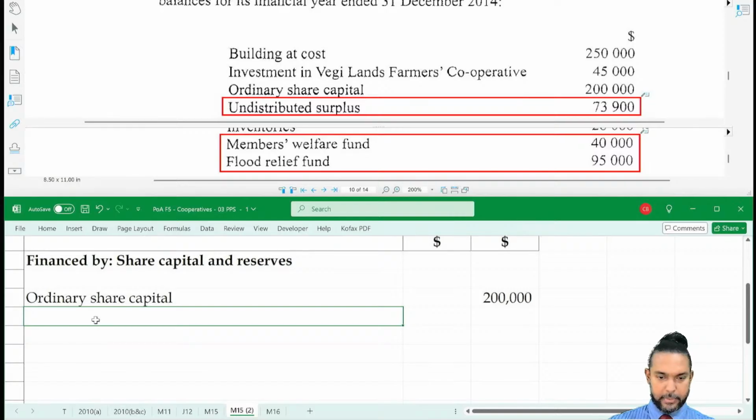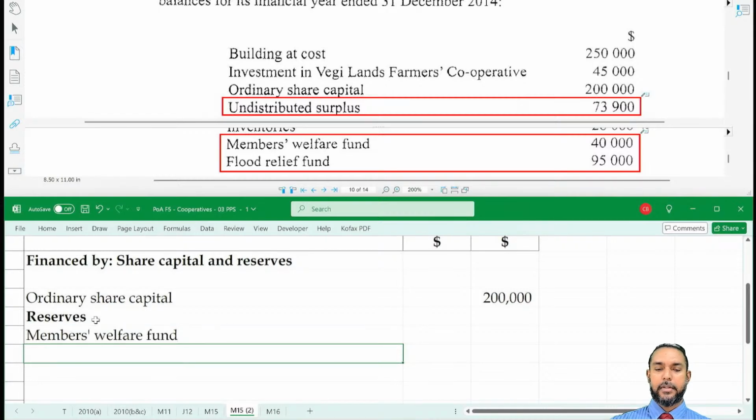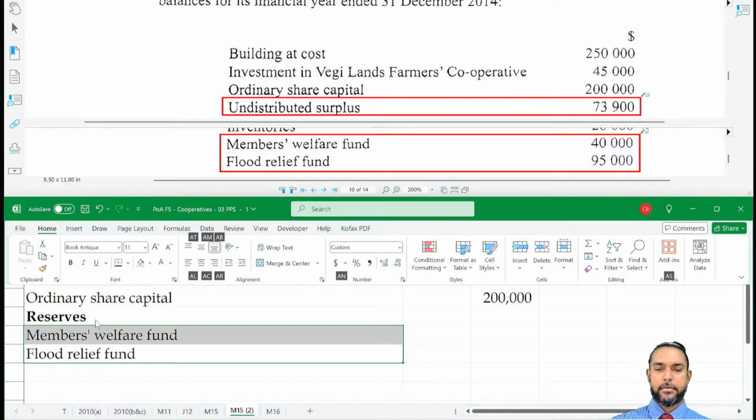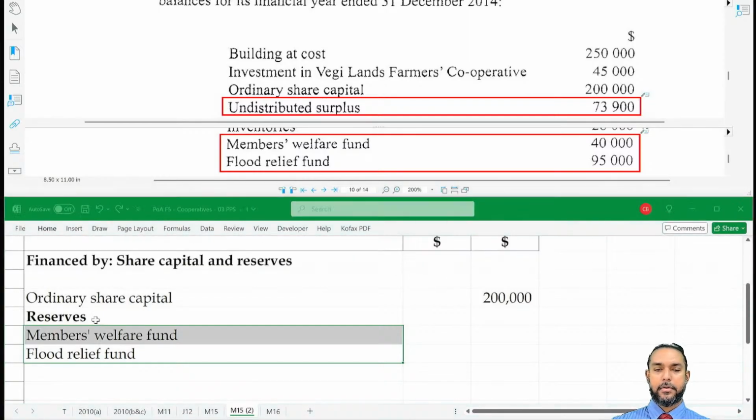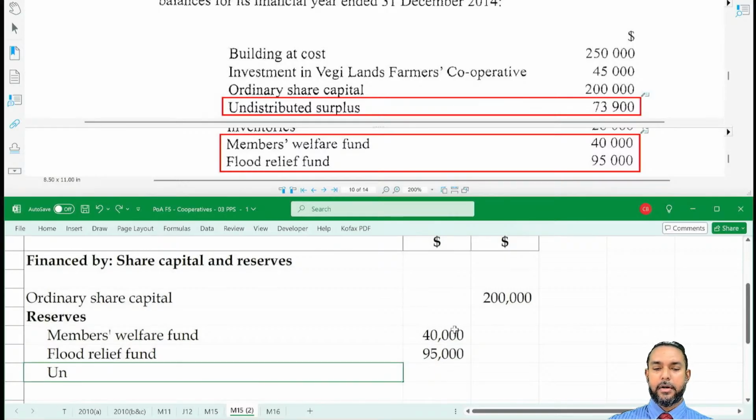And then your reserves, you have your members welfare fund and the flood relief fund. So we have 40,000, we have 95,000, and don't forget we have the undistributed surplus.